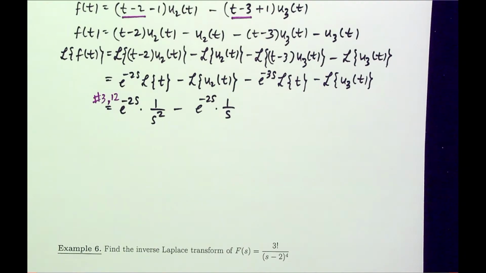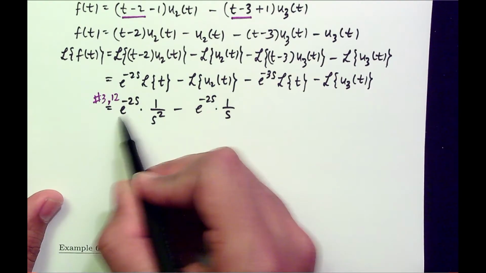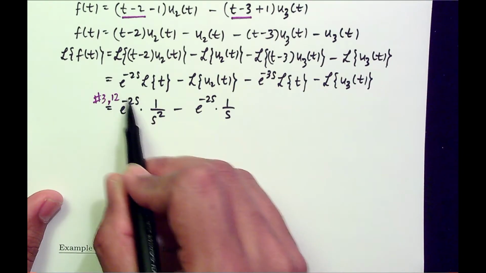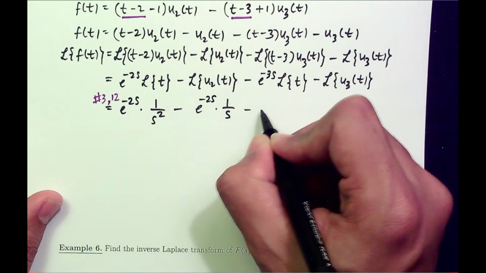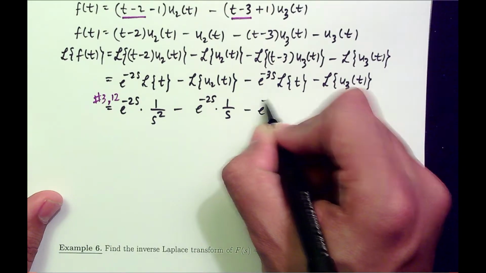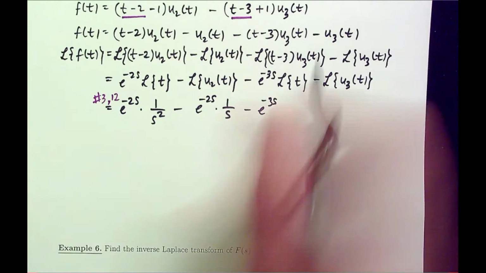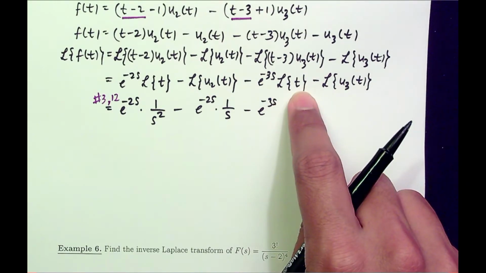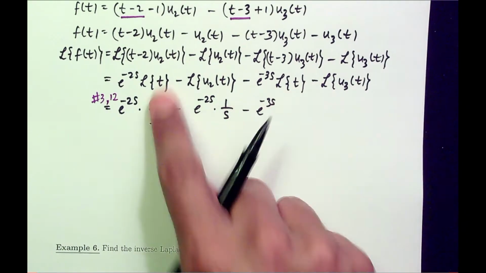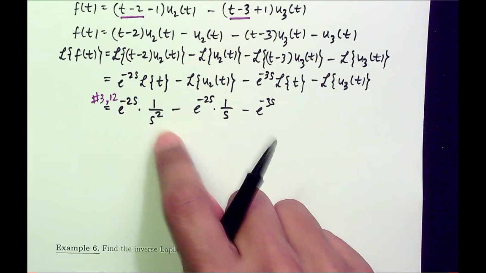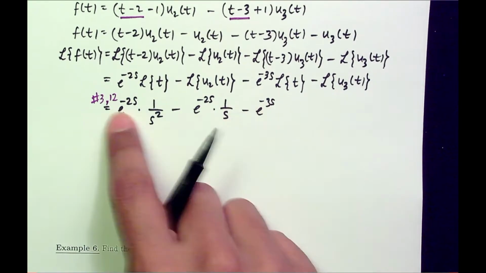And now the next one is exactly the same as this one, but with a 3 instead of a 2. So this is minus e to the negative 3s. Okay, no, sorry. The Laplace transform of t is this thing. It's the same as this, but with a 3 there.